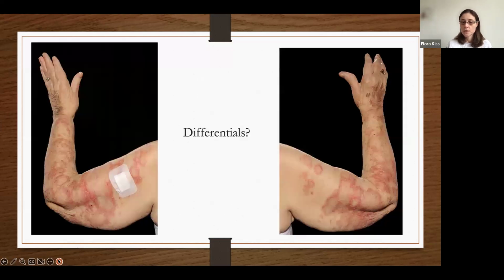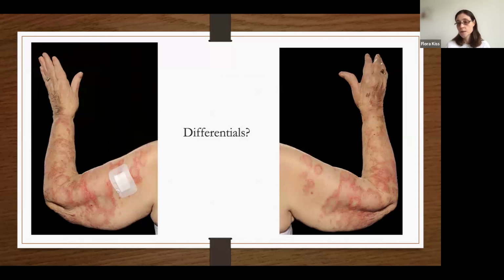Okay, so my next case is a lady in her late 50s who's developed this annular maculopapular rash you can see on the arms, but also on the upper chest.